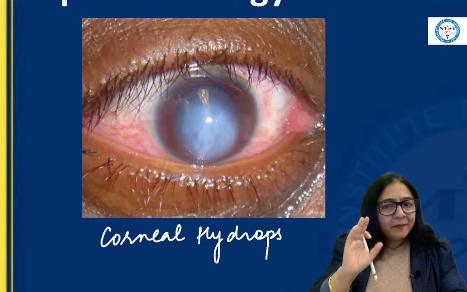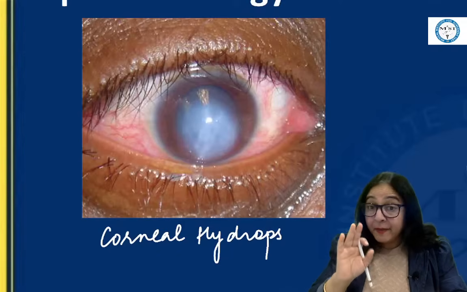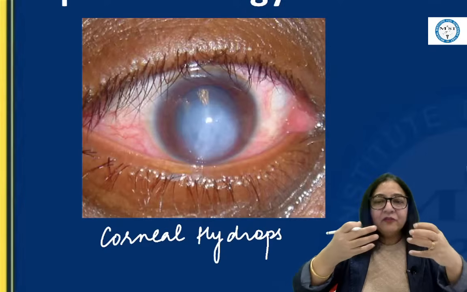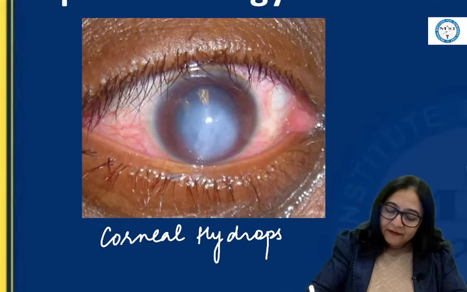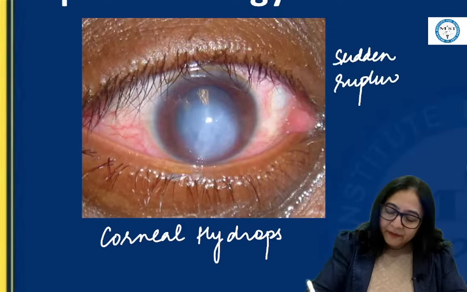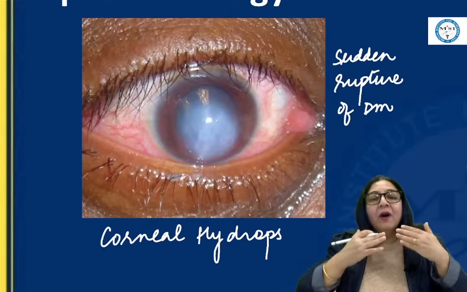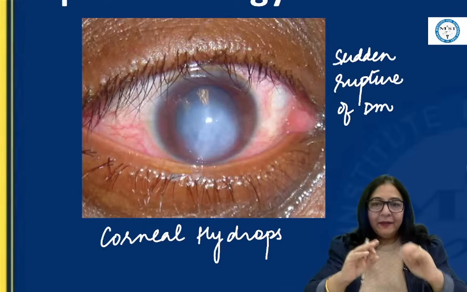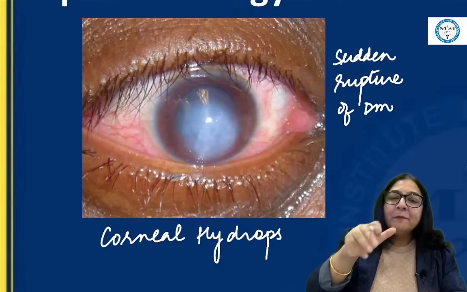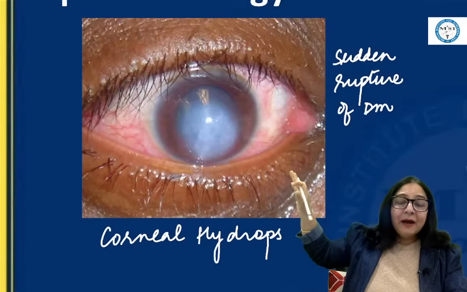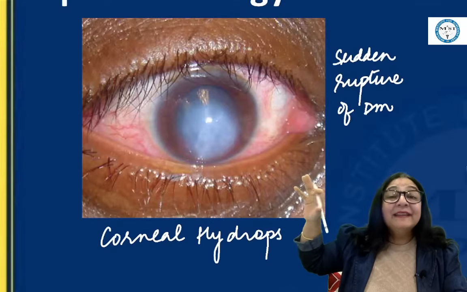We know Descemet membrane is a very strong elastic membrane, but sometimes the cornea has become so thin and stretched out that there is sudden rupture of Descemet membrane. When it ruptures, that leads to hydration of the cornea. The fluid from the aqueous gets imbibed into the stroma, which leads to stromal edema. Now this is most of the time a sudden episode.